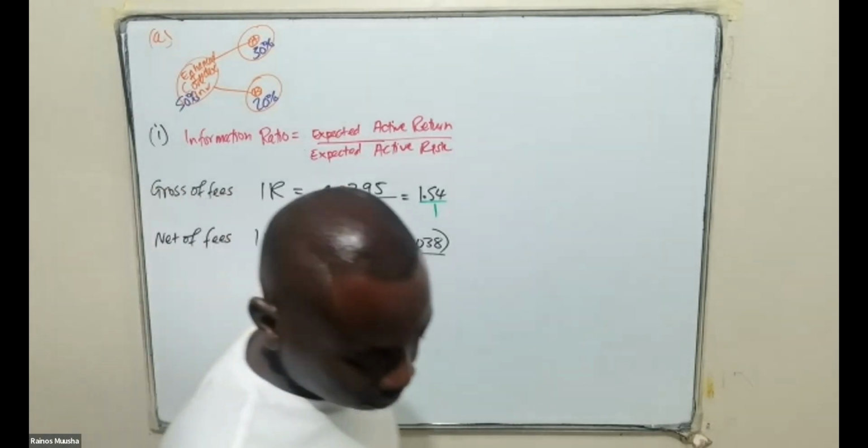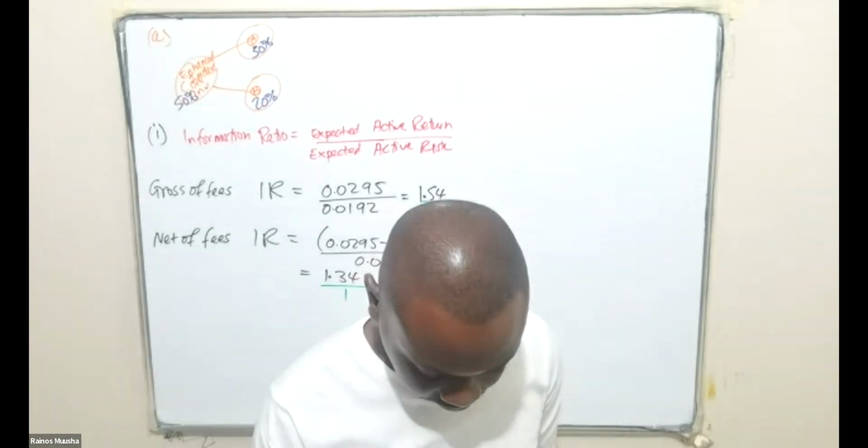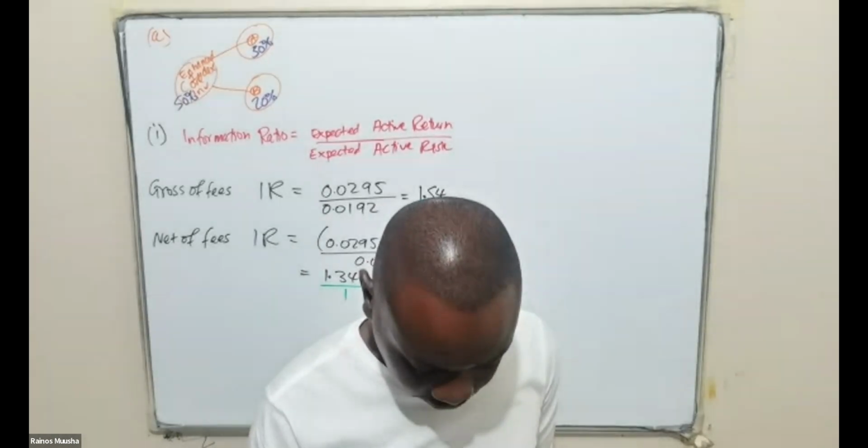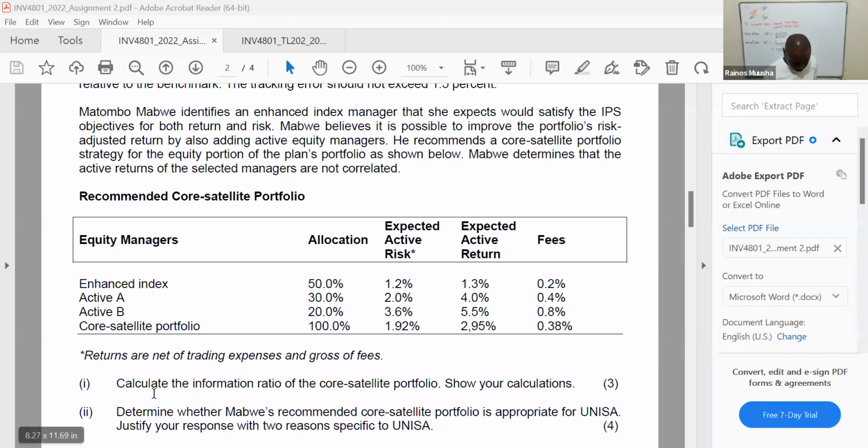Right. The next part of the question, they say, determine whether Mabu's recommended core satellite portfolio is appropriate for UNISA, and justify your response with 2 reasons specific to UNISA.